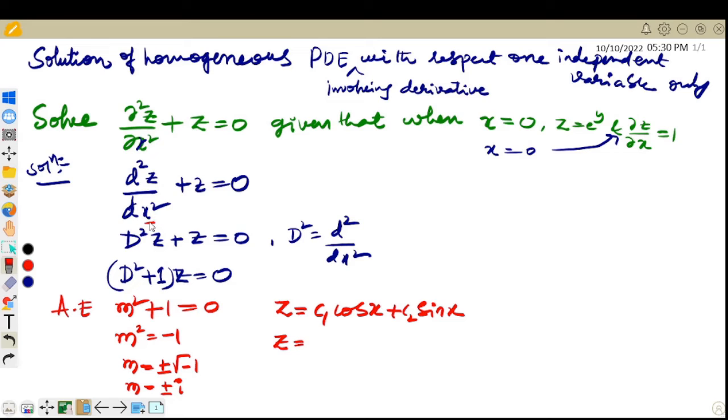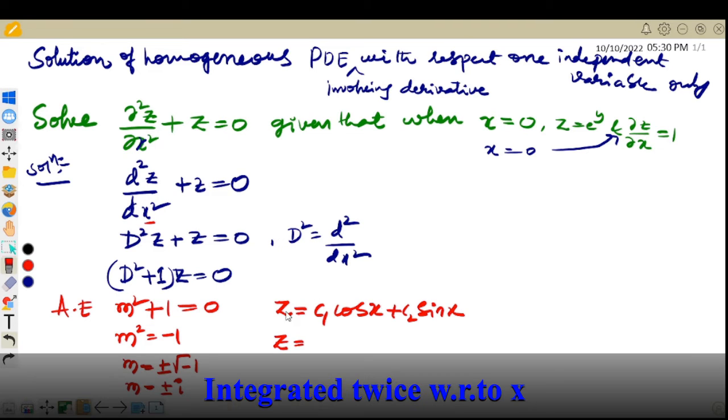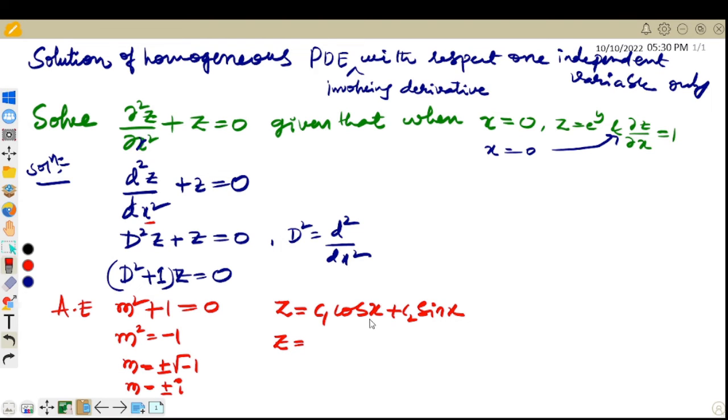Here the derivative is with respect to x, so the independent variable x is showing, but y has not appeared here. Actually, you have integrated d²z/dx² + z = 0 twice, but unknowingly you have done the integration. So z = c1 cos x + c2 sin x is the solution of this equation.